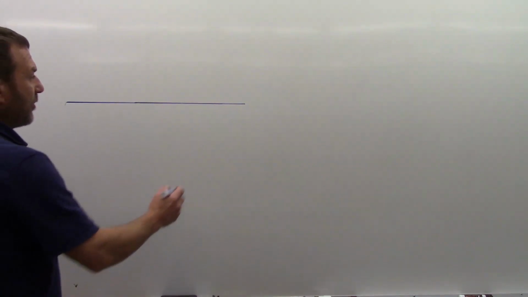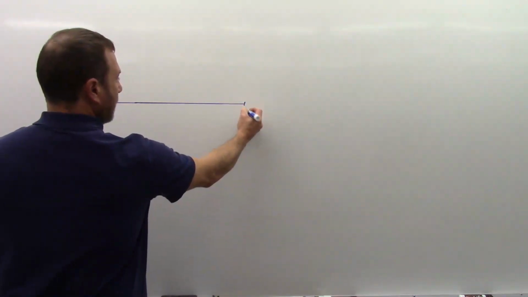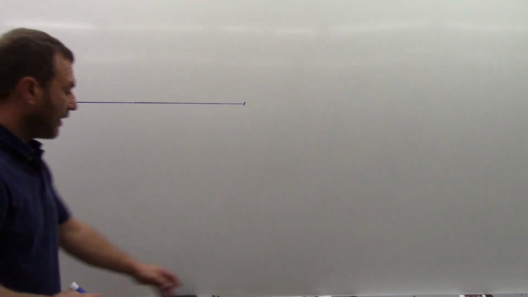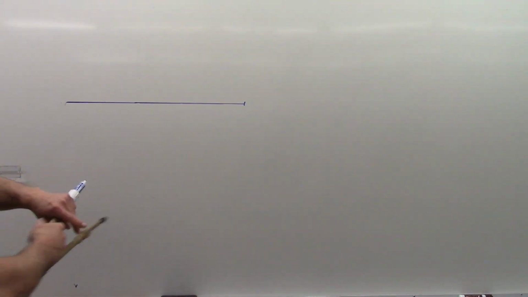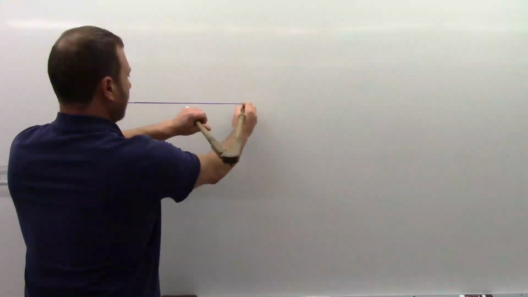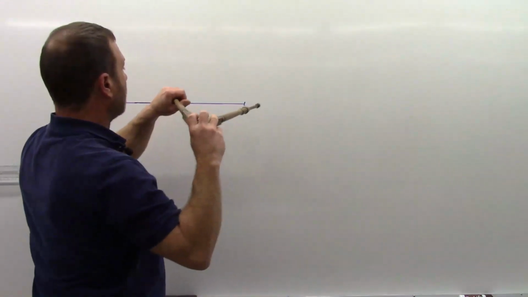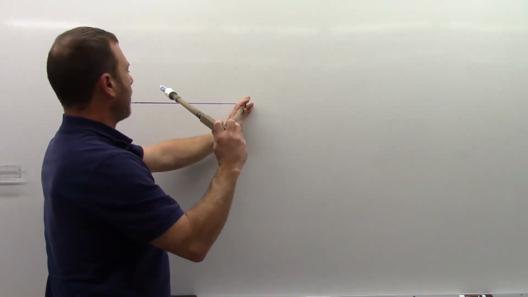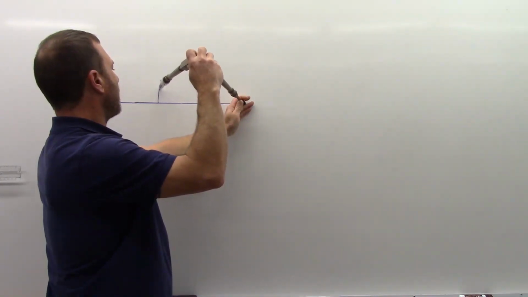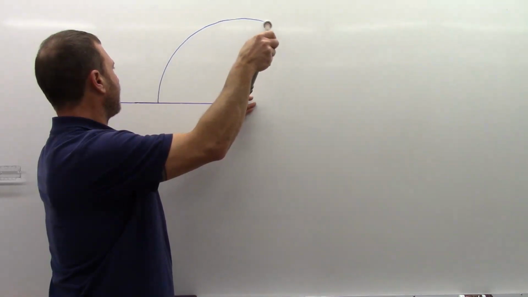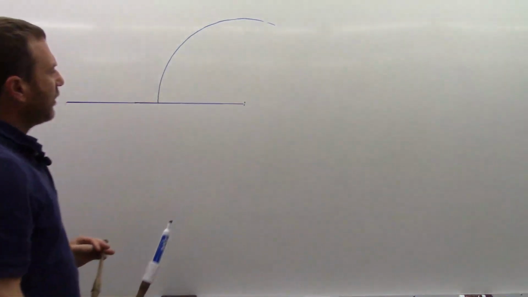The last technique we'll look at for a perpendicular is creating a perpendicular at the end of a line. And this one's a little bit different. We're first going to take our dividers, and I'm going to set a reasonable distance. And I'm going to swing it from the point that I want the perpendicular at, from the end of the line. Again, the distance on my dividers doesn't matter. And I swing an arc.